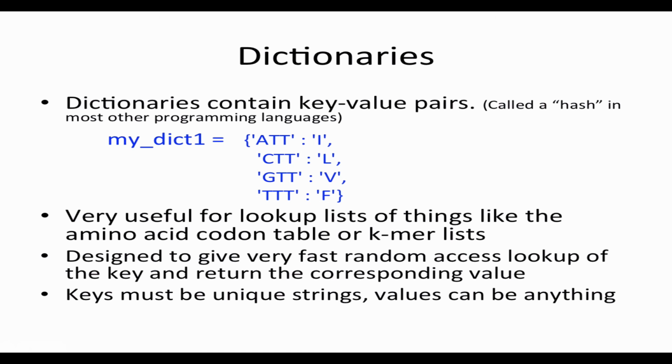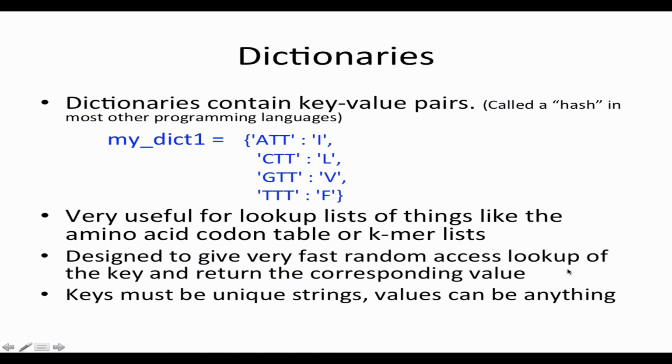K-mer lists is another thing. I'm not, unfortunately, going to be able to teach you anything about K-mer lists in this part of the course, but if you stick around for more advanced bioinformatics, we'll use K-mer lists a lot. K-mers are like 3-letter words in a DNA sequence, or 8-letter words, or something like that, that allow us to make computational ideas real in computing.